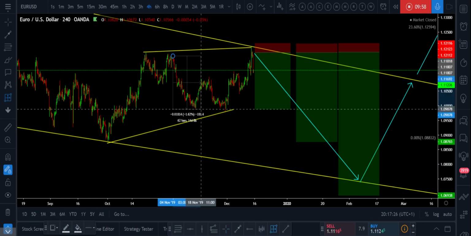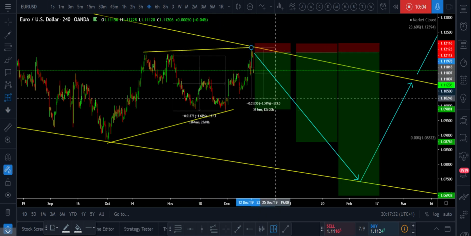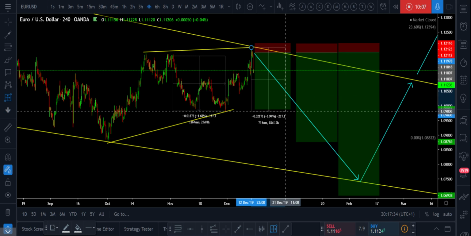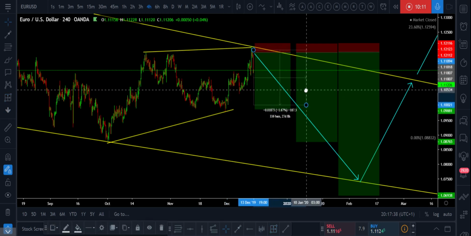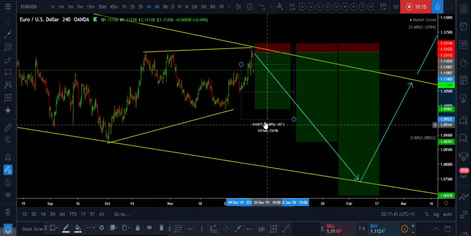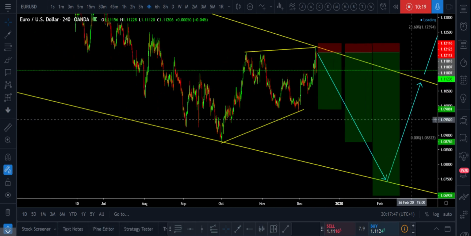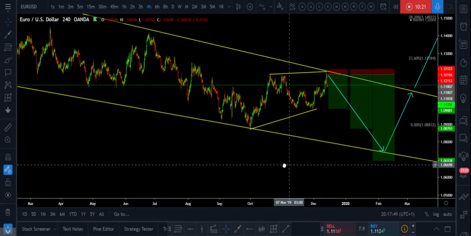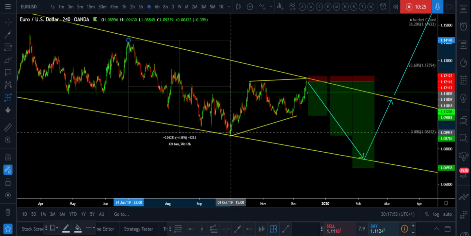At least the wave down to that previous bottom can take 10 to 15 days, and the whole move down to 107 can take much longer than that.